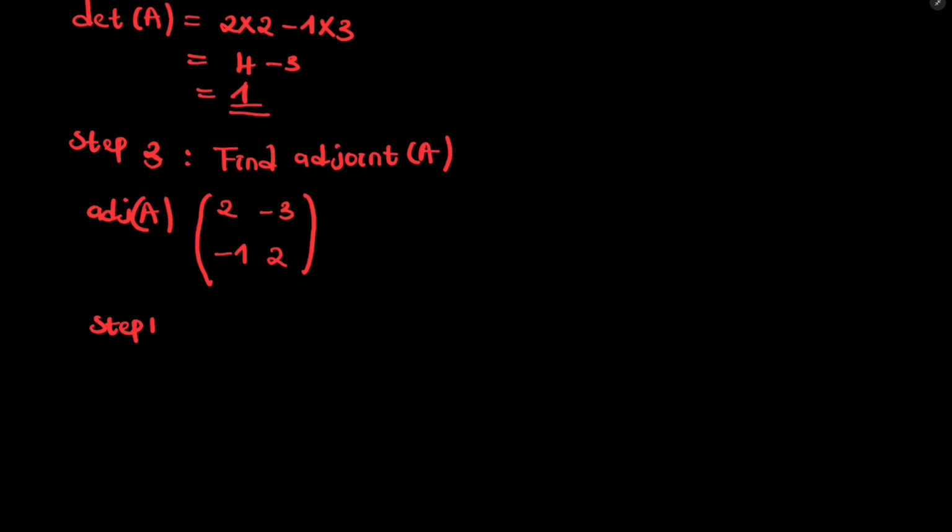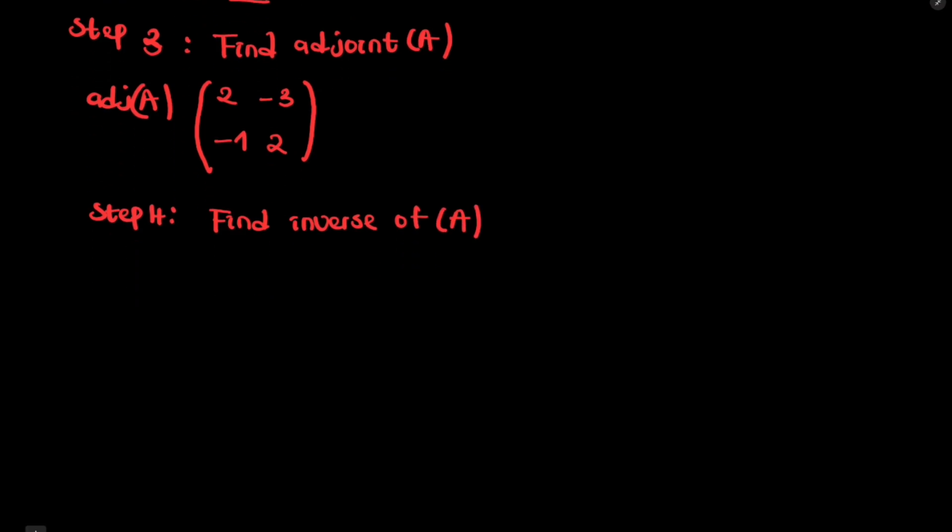So step 4, we find the inverse of A. First you write your formula, which is very important. A inverse is equal to 1 divided by the determinant of A times the adjoint of A. We have found the determinant and the adjoint matrix, so now we put them in this formula.